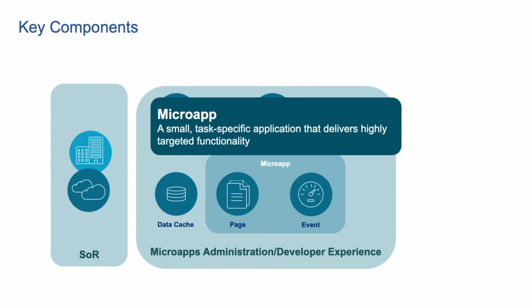A microapp consists of two main parts: pages or forms, and event definitions, which you can imagine as a set of business rules that, once they are met, will trigger a notification event and generate a notification card for the end user.